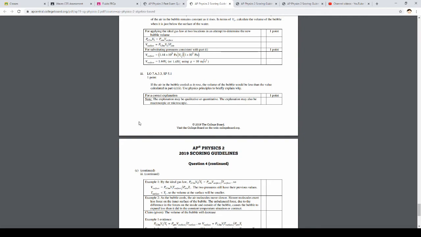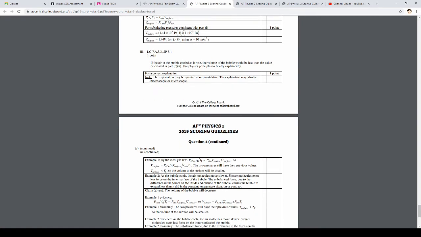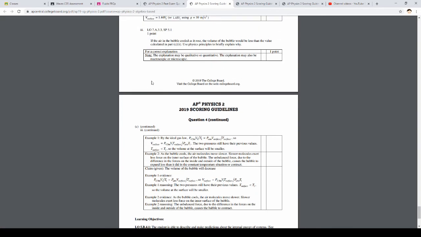The next point is for correctly explaining why the value for the volume would be less if the temperature decreased. It can be a qualitative or a quantitative explanation.